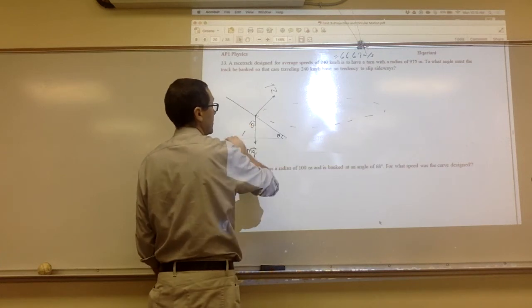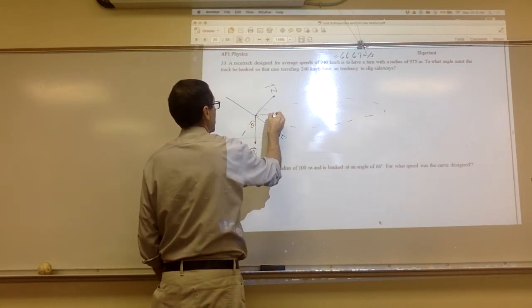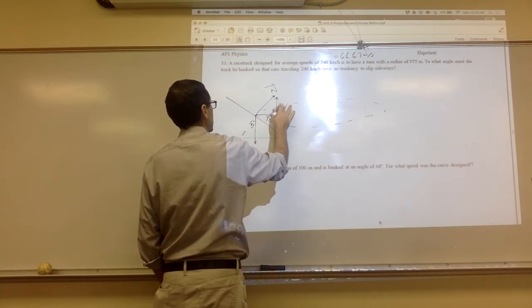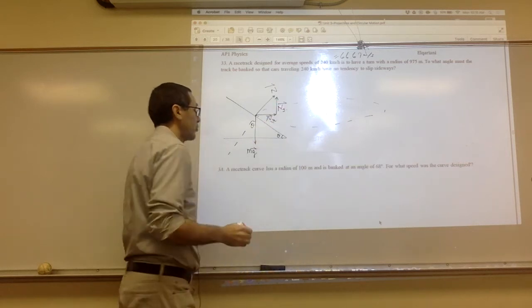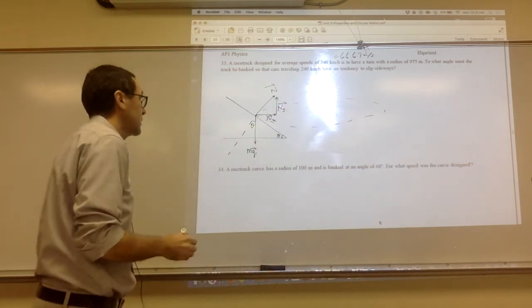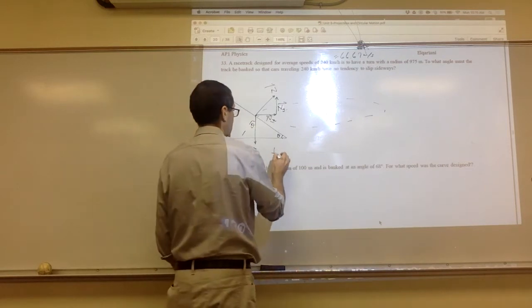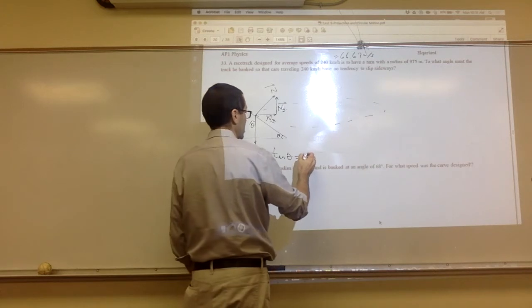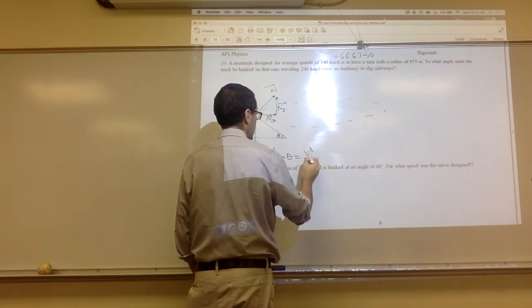We proved this a long time ago with the inclined planes. So these are the components of the normal force, which we'll erase later. Now, if you go back to the previous video, you're going to see that I showed you a proof that shows that tangent of this angle here of the bank is equal to v squared over g r.